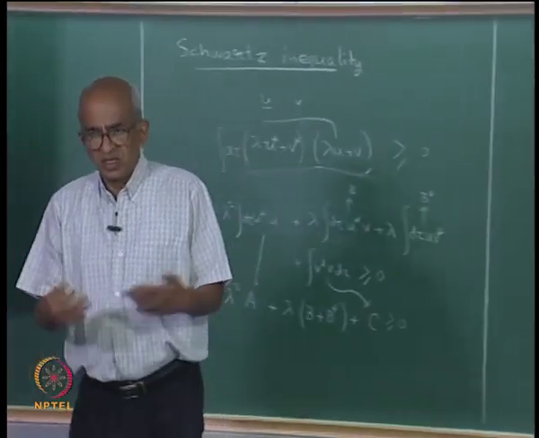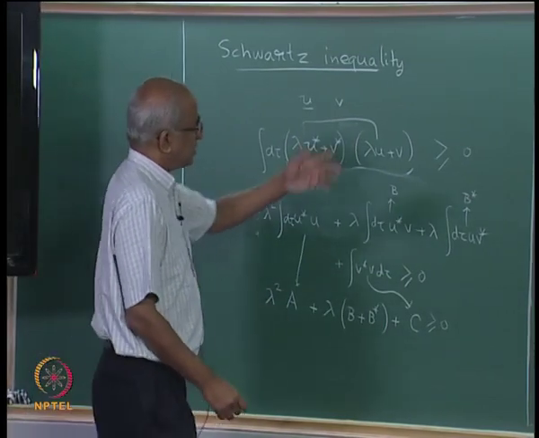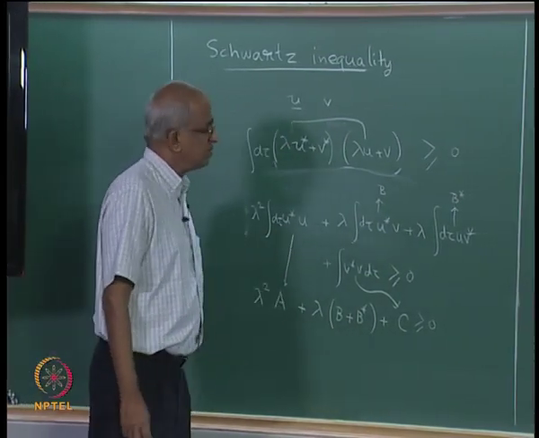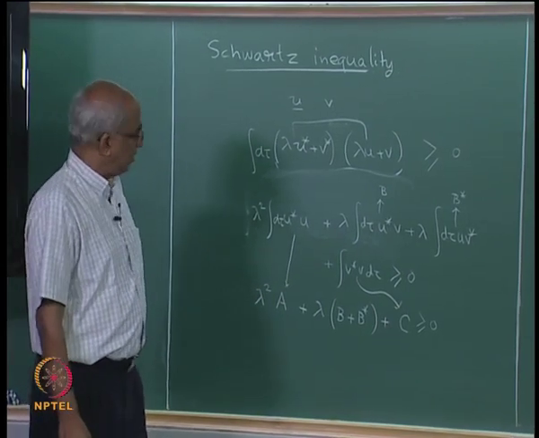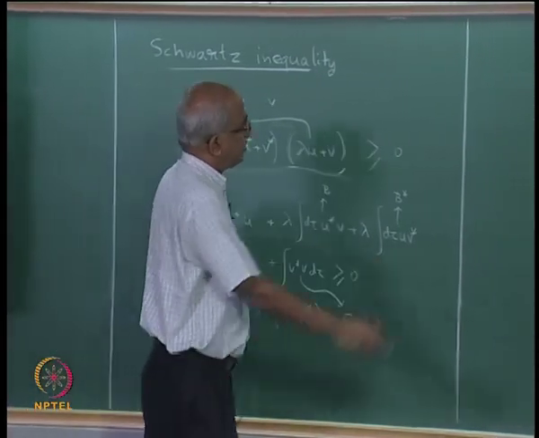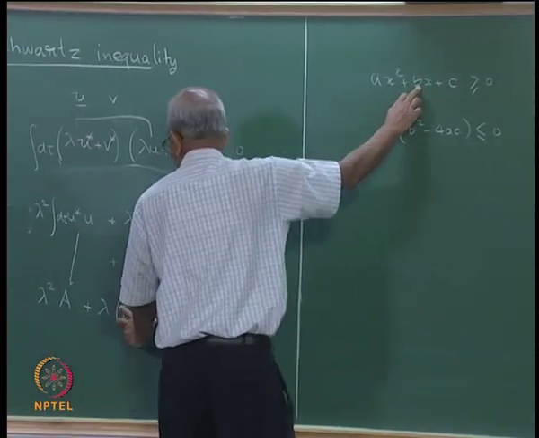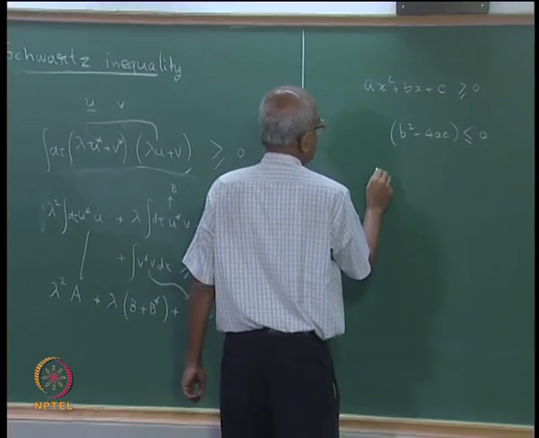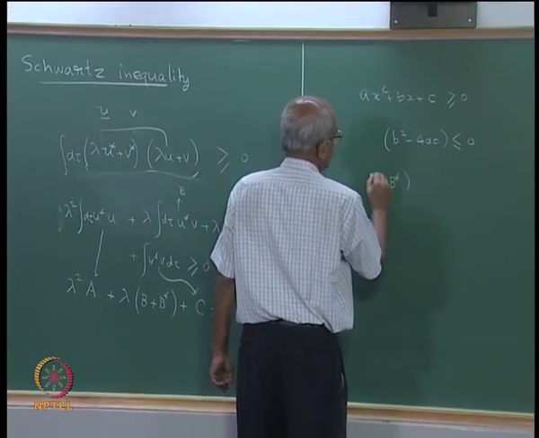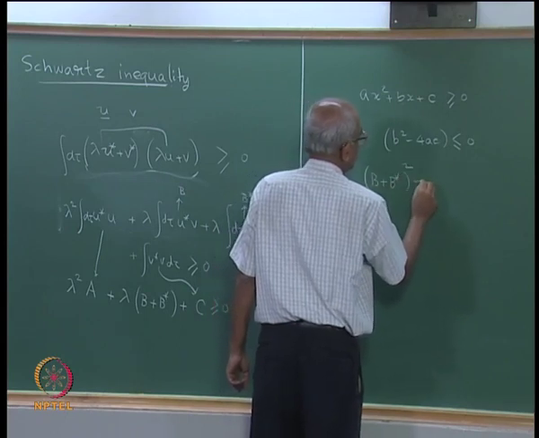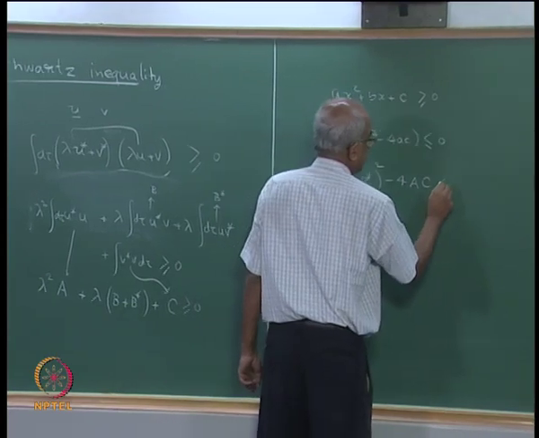This is something that I shall assume you know already, and therefore, if I just applied it here, what is the result that I am going to get? I am going to get b square. Well, in this case you say this small b is to be identified with capital B plus B star. So, capital B plus B star the whole square minus 4 times A into C has to be less than or equal to 0.